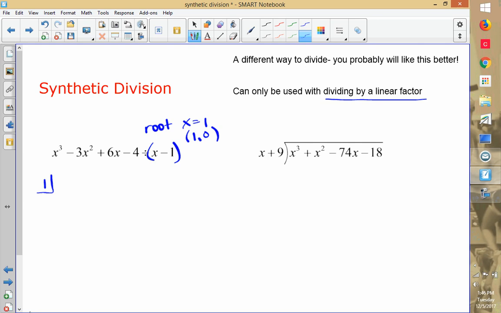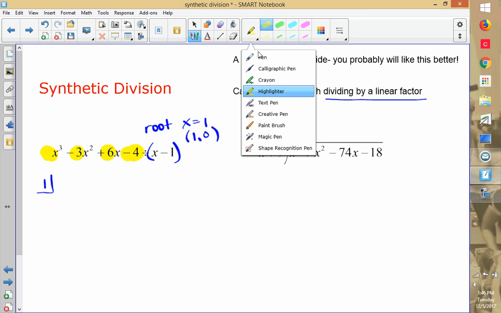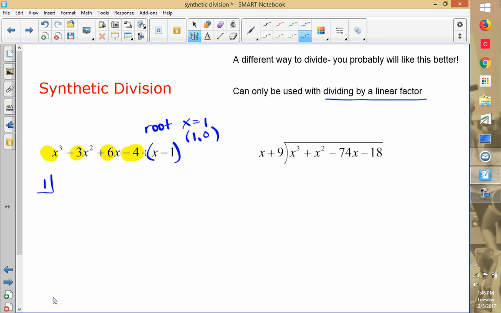And then what we're going to do is take all of the coefficients that you have in the larger polynomial that you're dividing into. So the coefficients are 1 for x cubed, negative 3, positive 6, and negative 4. Write those out in a line and leave some space and draw a line. This is how you set up a synthetic division problem.